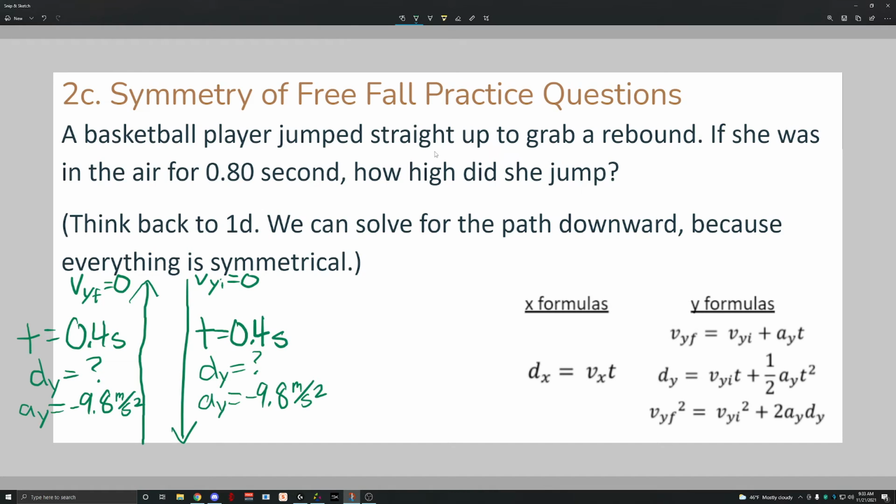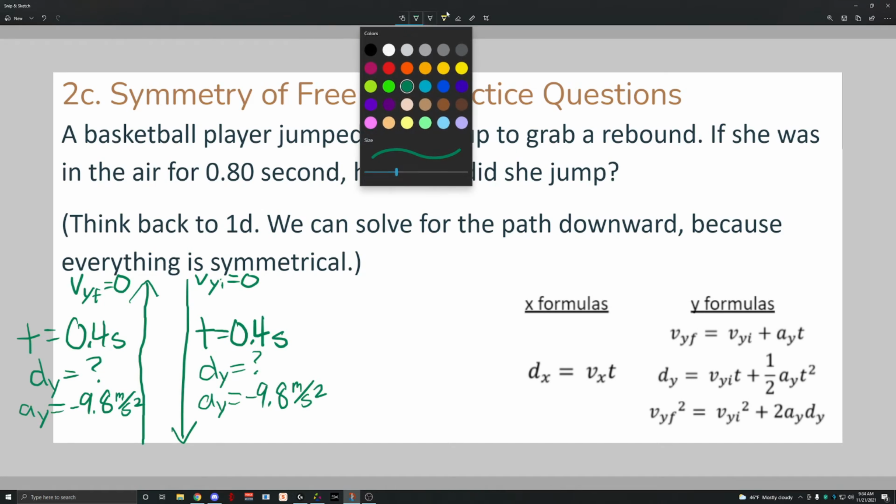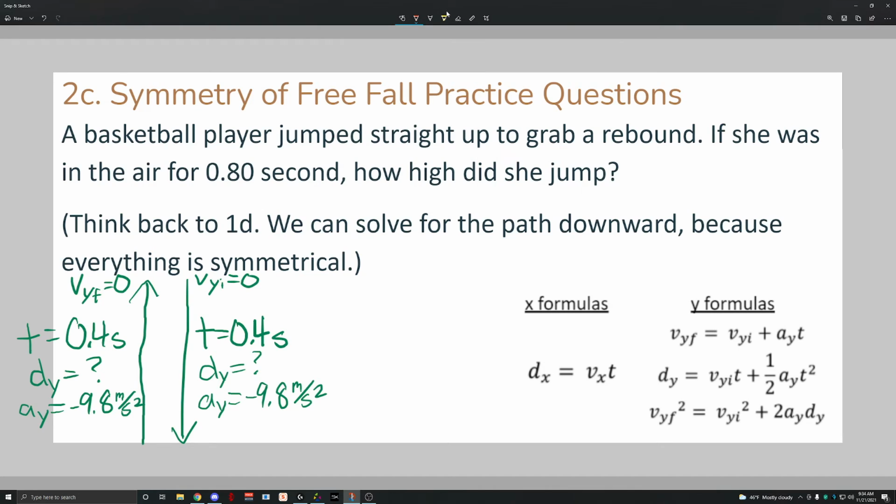So I'm separating this into two sections. We can either solve for our path upward, or we can solve for our path downward. You can use either side because both sides are symmetrical. Symmetry of freefall.